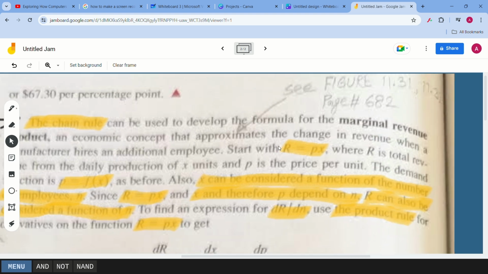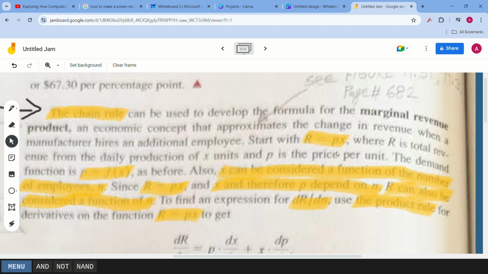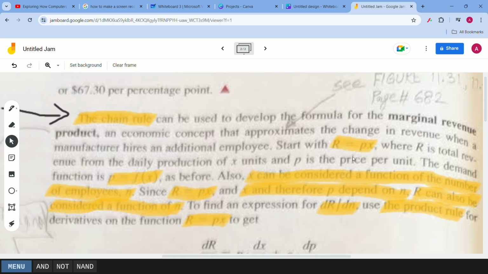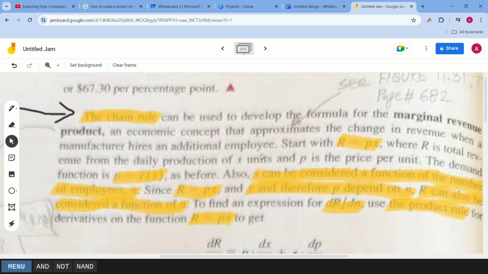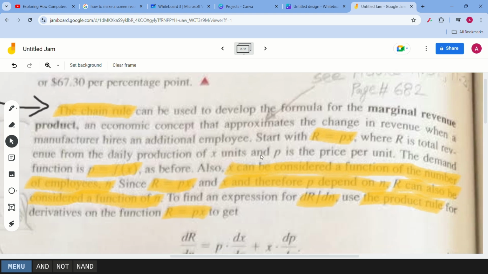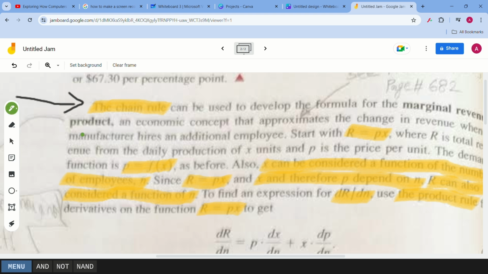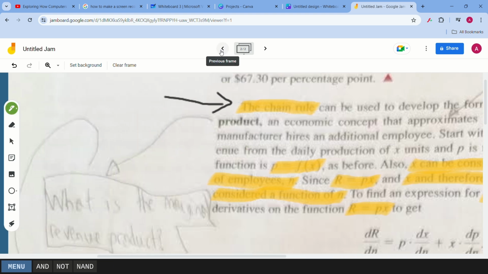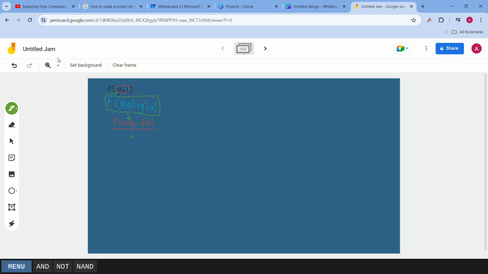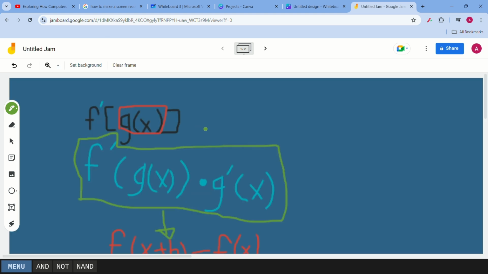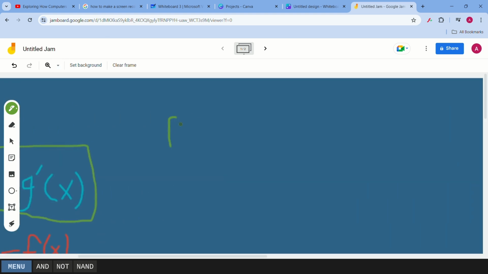Our next one, R equals P times X. Start with R equals P times X, where R is the total revenue from the daily production of X units, and P is the price per unit. So what you could assume, what do you think? Why am I saying what do you think?